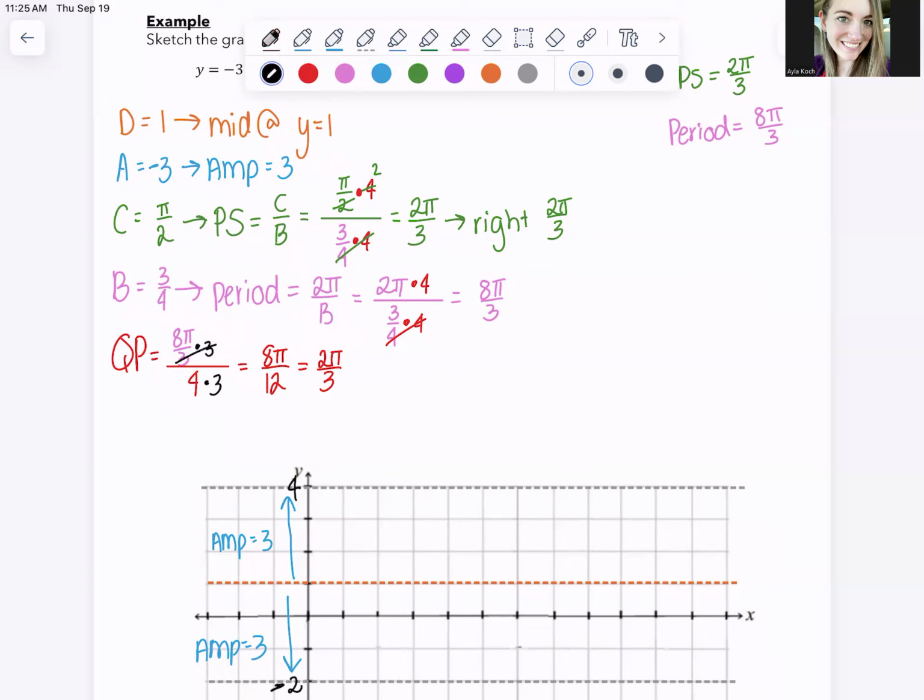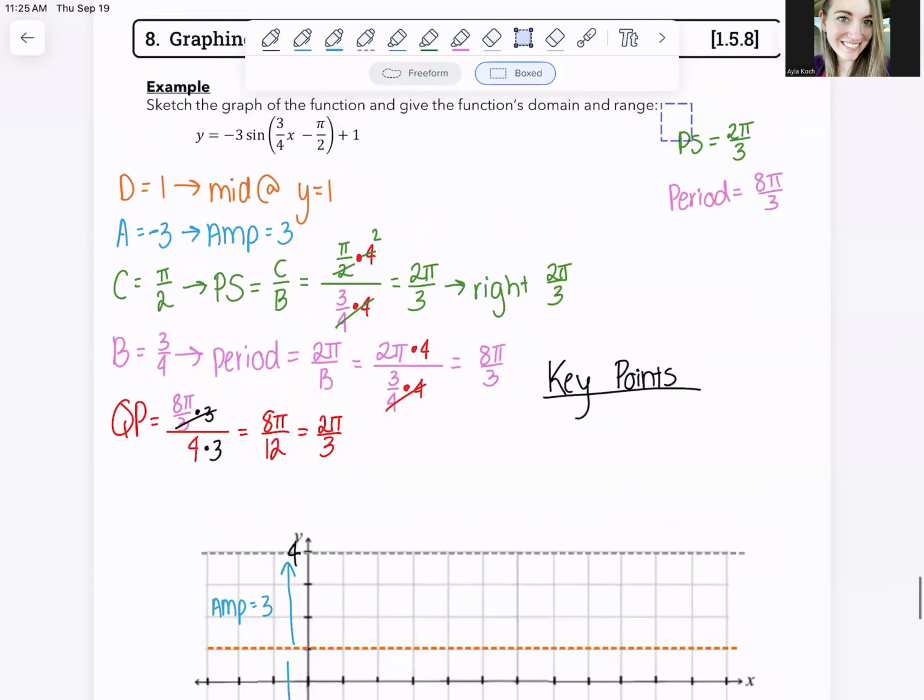When I go to do my key points, of course, the first one is always the phase shift. Then I add the quarter period to find my next key point. They're the same denominator, which is great.